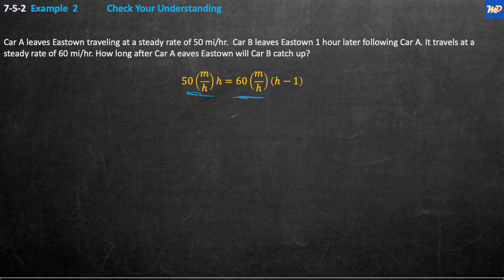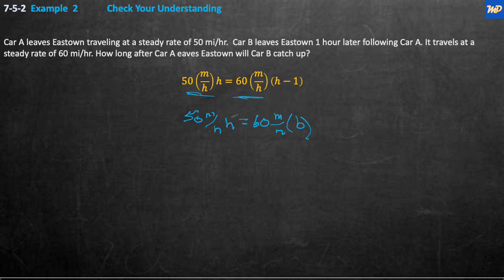So h is hours. And h minus 1, because car B is going to be traveling 1 hour less than car A. So if we solve this, we're going to have 50 miles per hour times h is equal to 60 miles per hour times h.